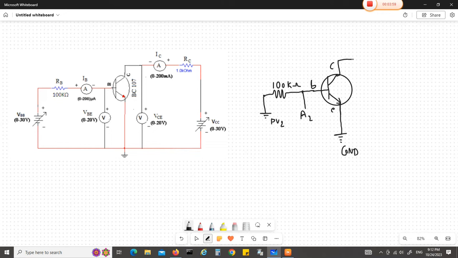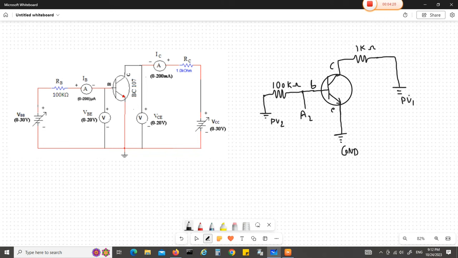Now I am connecting another resistor, 1 kilo ohm, to the collector. The collector end, through the resistor, will be connected to another power supply, PV1.